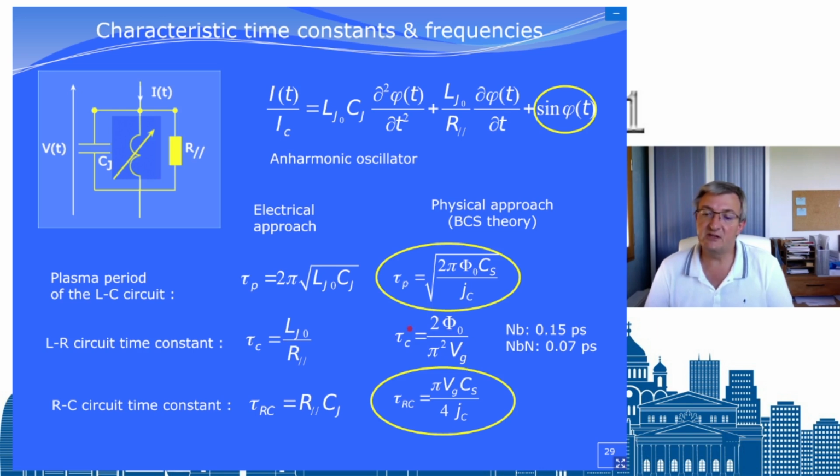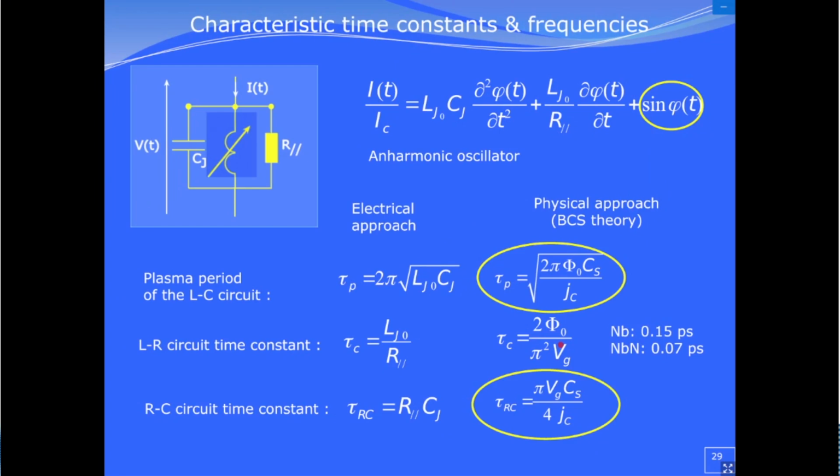It means you can calculate this value for niobium nitride, for aluminum, for whatever. This is something intrinsic to the superconductor material. And as you see, this is a value which is very low. For niobium, it's 0.15 picosecond. So 1 picosecond is, in terms of frequency, 1 terahertz.